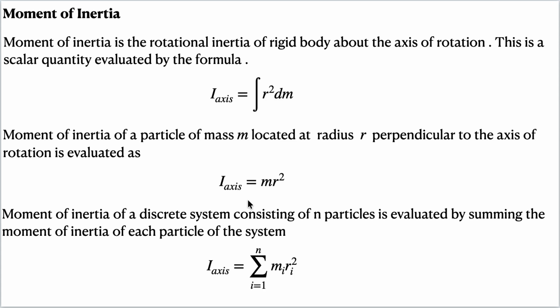So let's obtain the moment of inertia about this axis of the entire rigid body. We simply add the moment of inertia of every individual particle, and we obtain the formula I axis equals summation i equals 1 to n m i r i square.